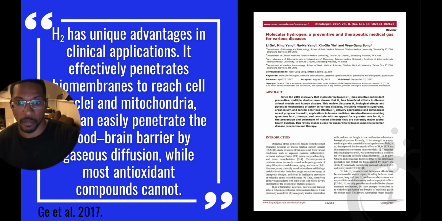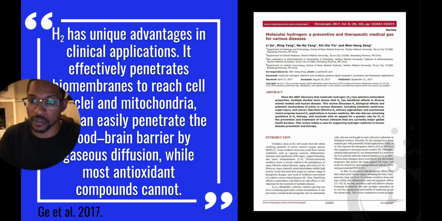This quote from "Molecular Hydrogen, a preventative and therapeutic medical gas for various diseases" states: H2 has unique advantages in clinical applications. It effectively penetrates biomembranes to reach cell nuclei and mitochondria and can easily penetrate the blood-brain barrier by gaseous diffusion, while most antioxidant compounds cannot.